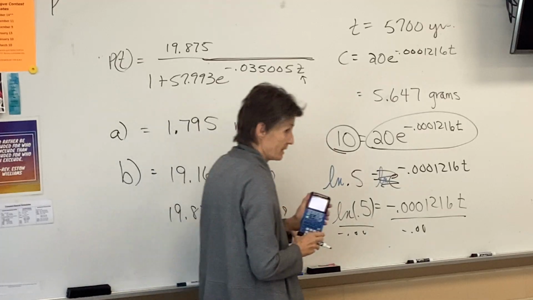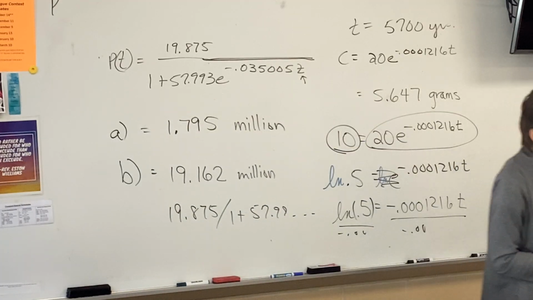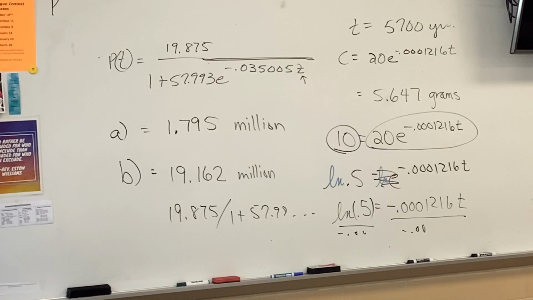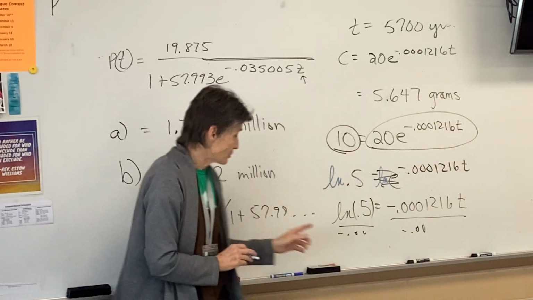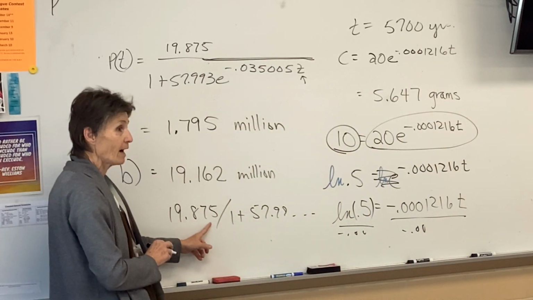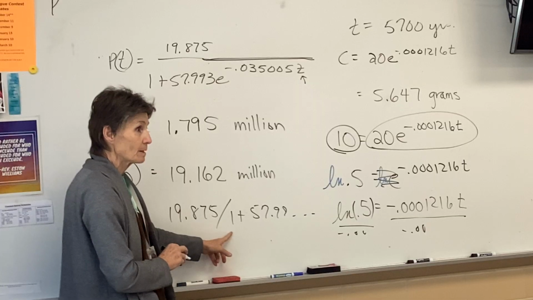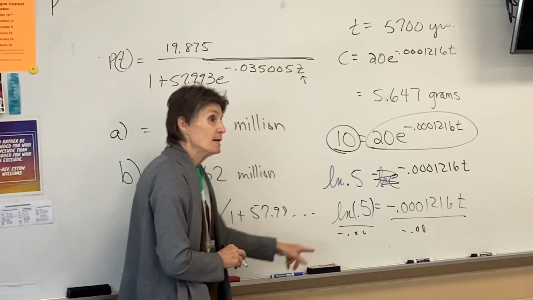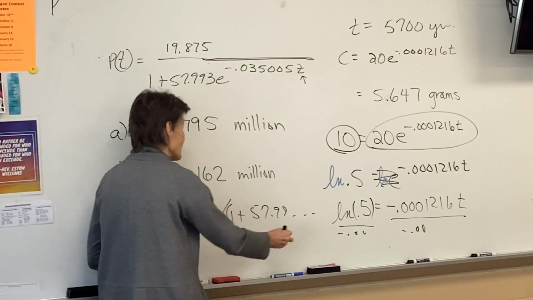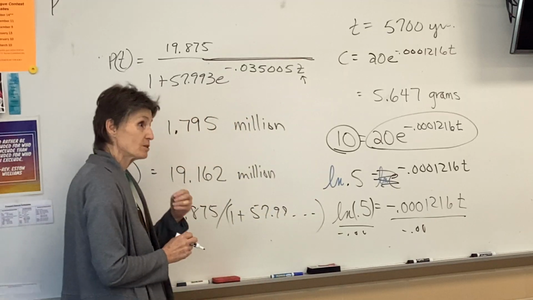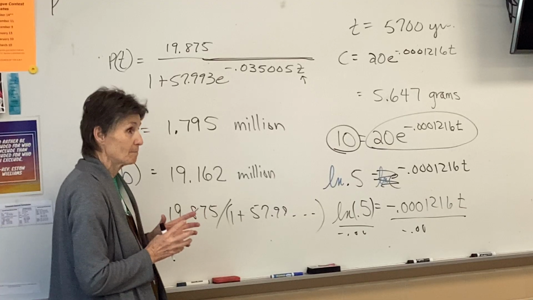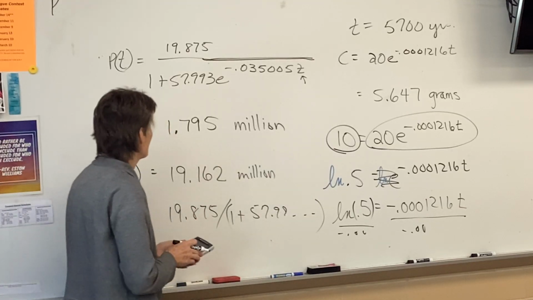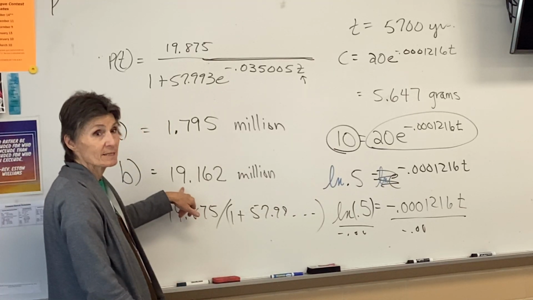So the calculator uses PEMDAS, that's what's programmed into the calculator. So when he feeds this to the calculator, it is doing 19.875 divided by 1, and then it is adding all the rest of this stuff. If you're going to type it in that way, Eli, you've got to use parentheses because you want it to divide by the entire quantity. Okay? All right, anybody else now get 19.162 here?